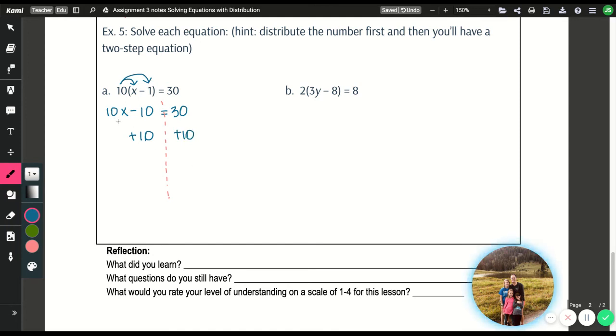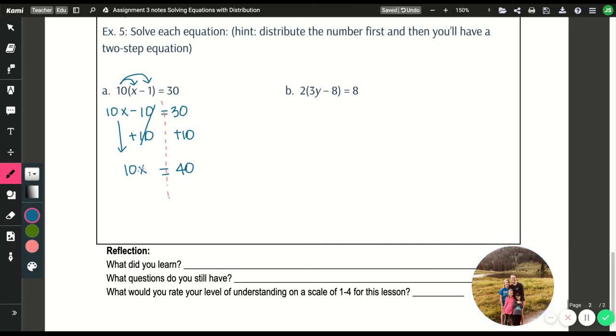So bring this 10x down. These cancel out. Negative 10 plus 10 is 0, so they're gone. Bring our equal sign down. And 30 plus 10 is 40. And our last step is the multiplication or division. 10 and x, if there's no operation, these are being multiplied right now.